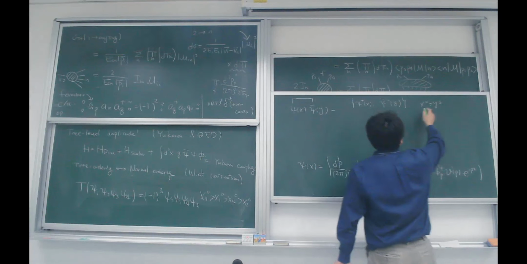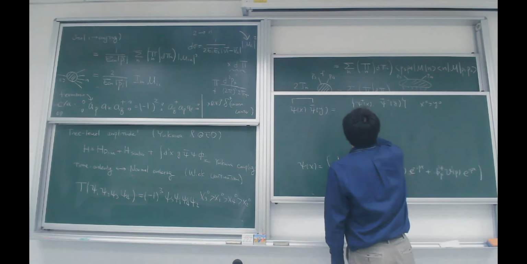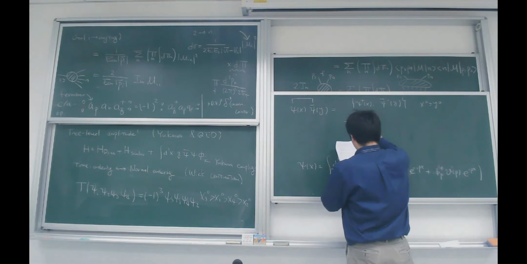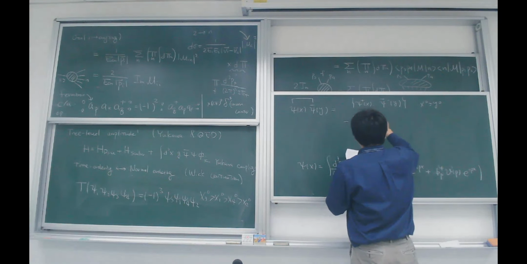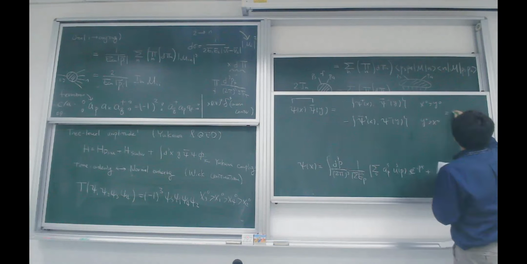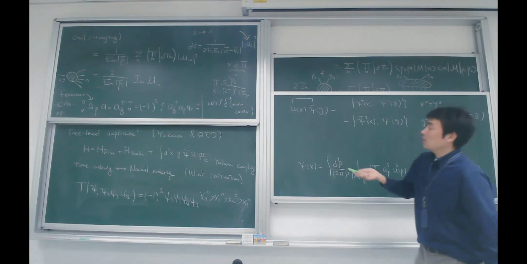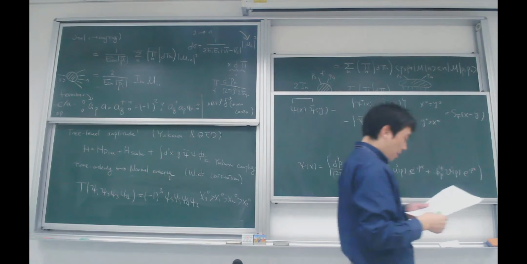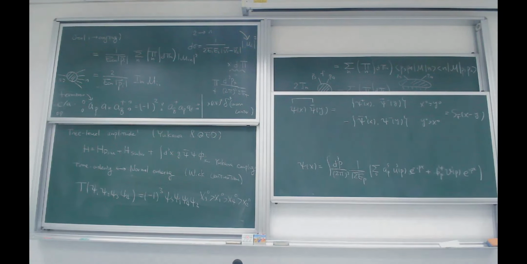If x^0 is greater than y^0 it is this one, and otherwise minus psi bar plus of x and psi minus of y, for y^0 greater than x^0, and this equals the Feynman propagator. If you contract psi and psi bar, you always have the Feynman propagator. That's what Wick's theorem or Wick contraction tells you.